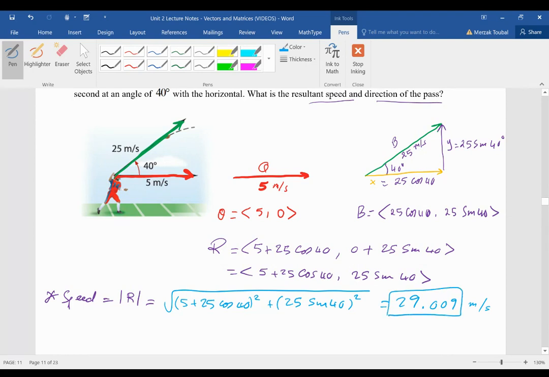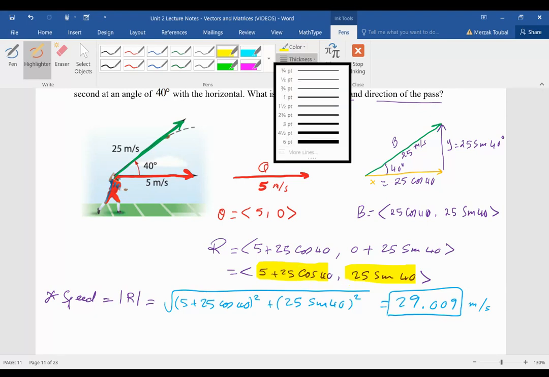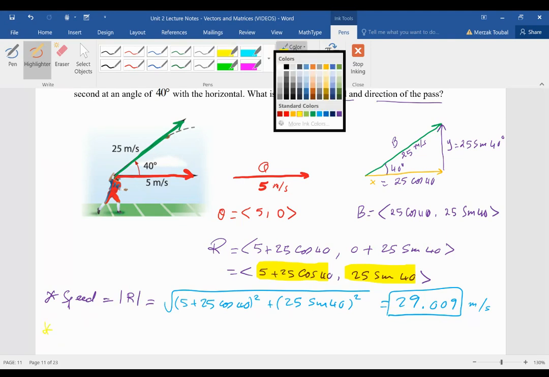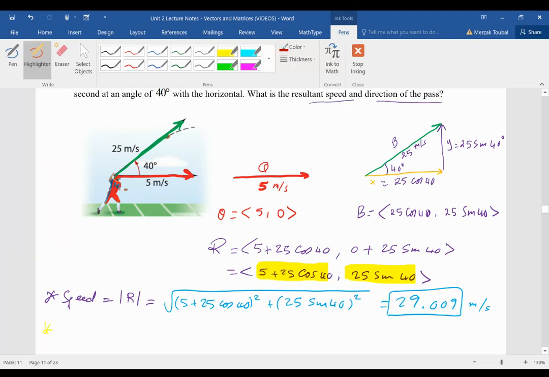Good. Now for the angle of direction, we know that this over here is x, and this is y, the x component and y component. So we're going to use the formula which says tangent of theta is, you know the formula by now.